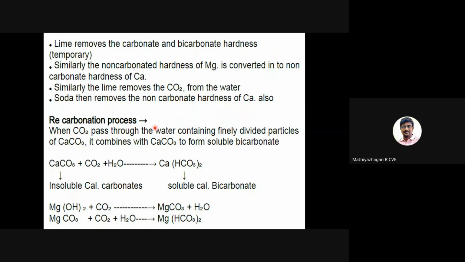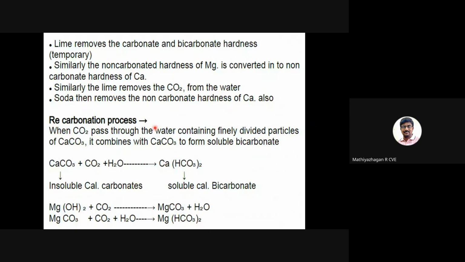After the filtration, some residual calcium carbonate precipitate is still available. To convert those insoluble precipitates into soluble form in the treated water, we introduce carbon dioxide.